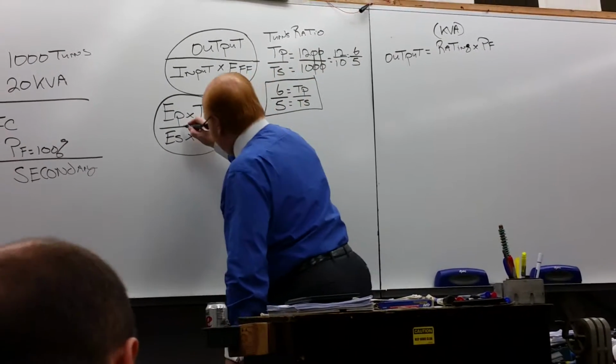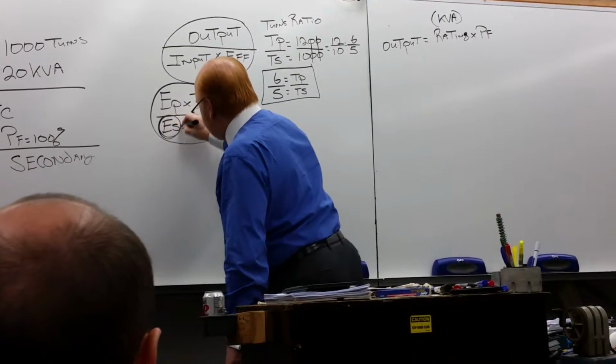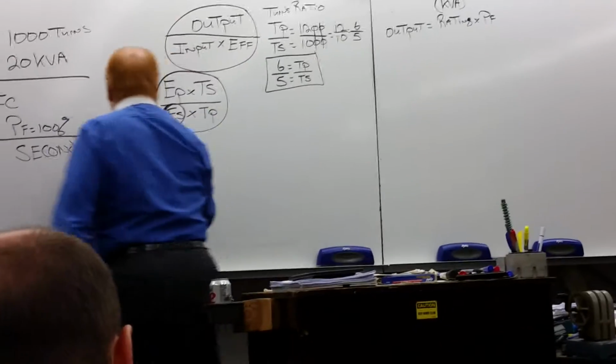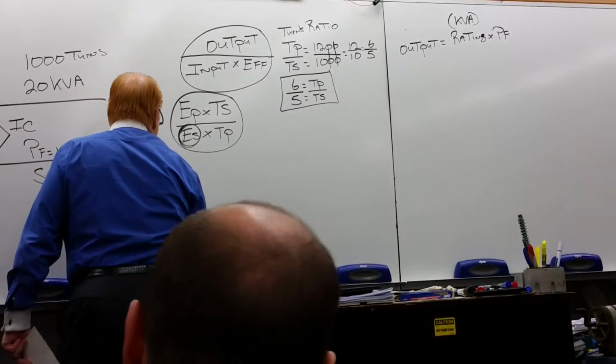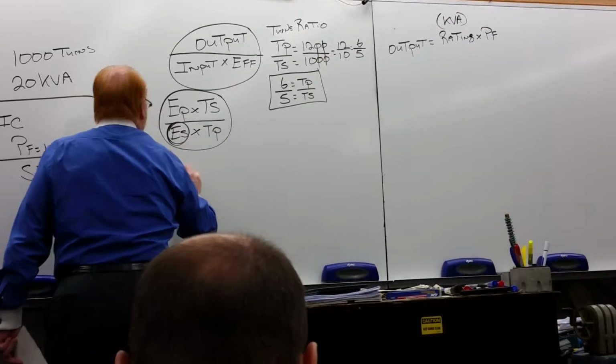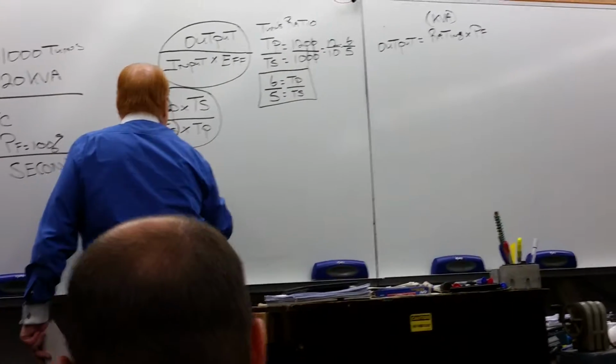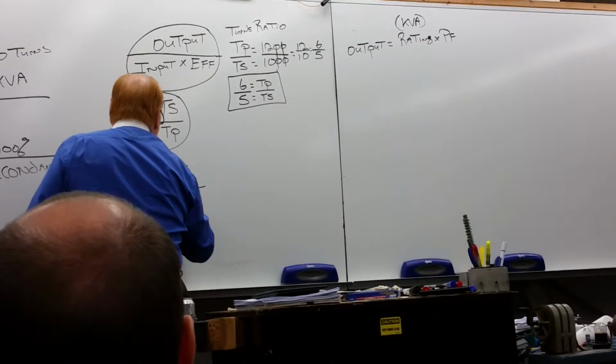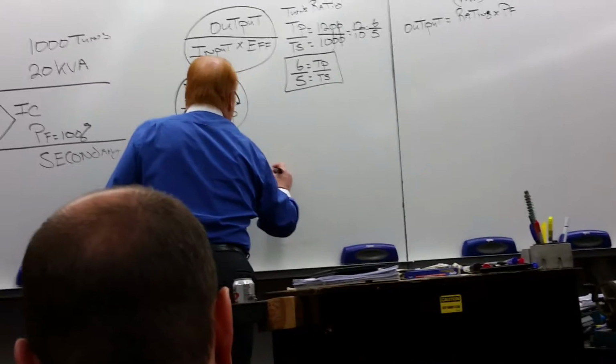What am I looking for? Voltage on the secondary side. I take it out of the formula and I rewrite it. Voltage on the secondary side equals voltage of the primary times the turns of the secondary over the turns of the primary.